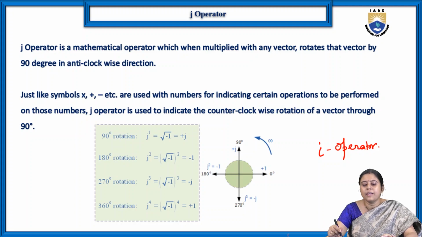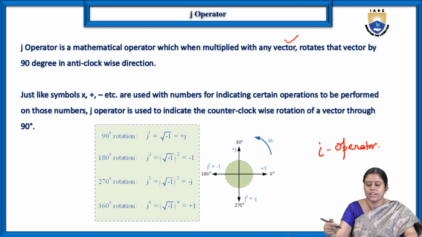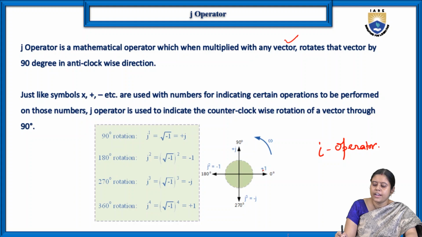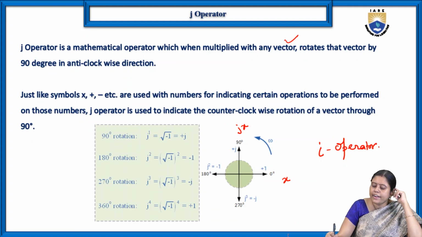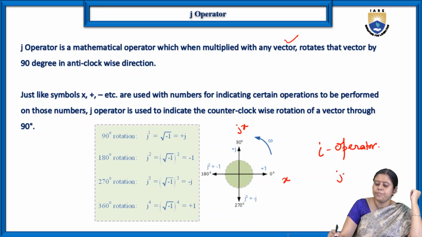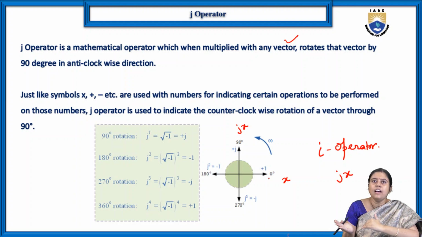So the J operator is a mathematical operator which, when multiplied with any other vector, rotates the vector by 90 degrees in the anti-clockwise direction. If this is one x, what is the meaning of jx? We are multiplying it by 90 degrees, so jx is the anti-clockwise 90 degrees.